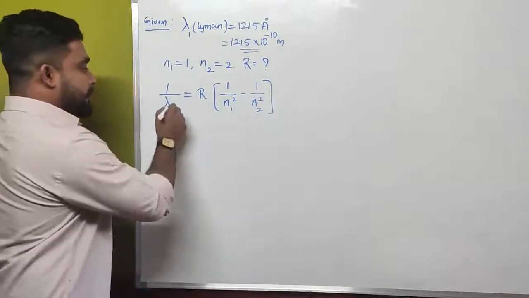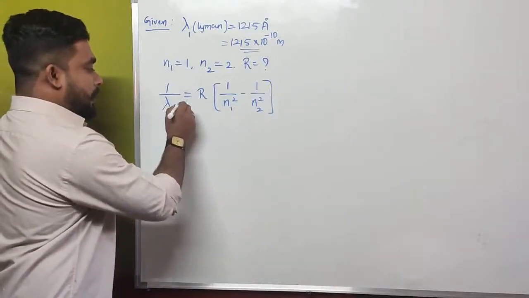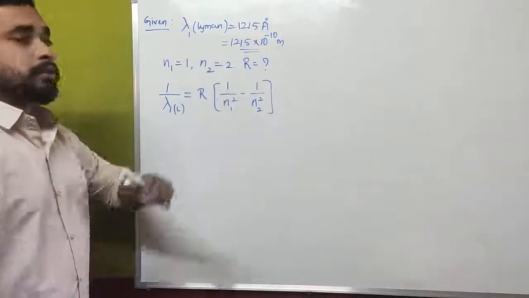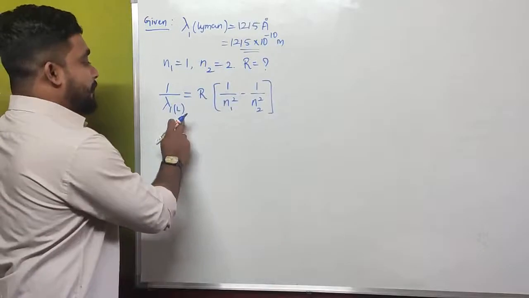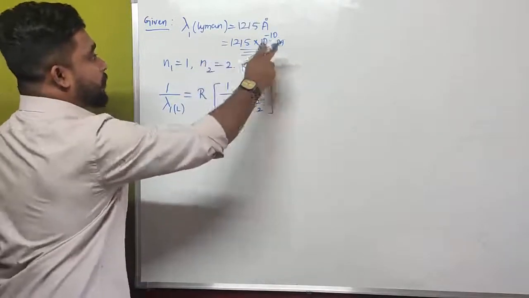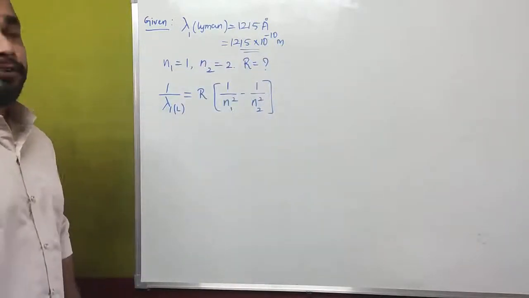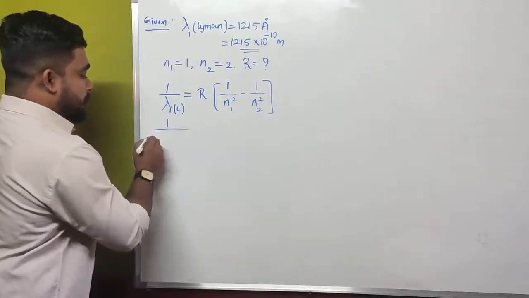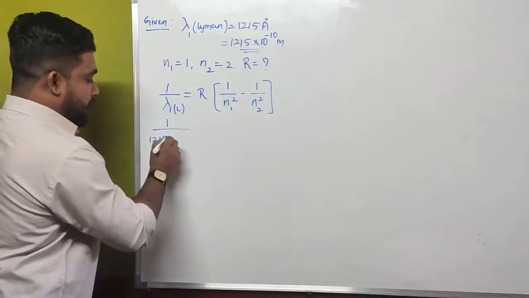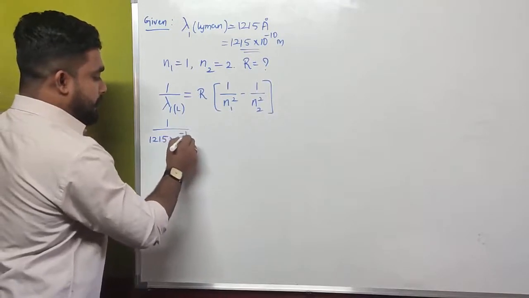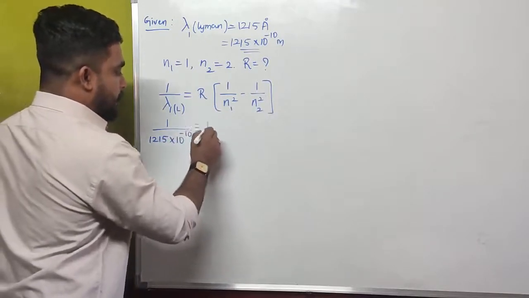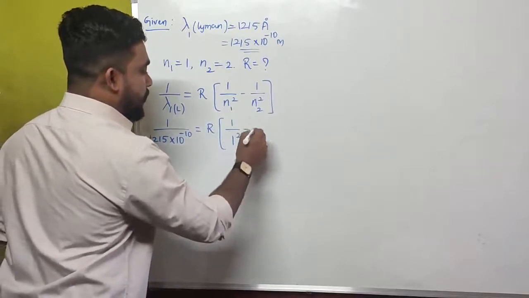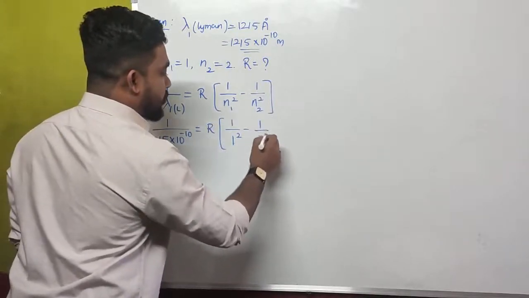In case of the Lyman series, N1 is equal to 1, N2 is equal to 2. We have the wavelength value here, that is 1215 into 10 to the power of minus 10 meter. If we substitute that value here, 1 divided by 1215 into 10 to the power of minus 10 is equal to R into 1 divided by 1 square minus 1 divided by 2 square.